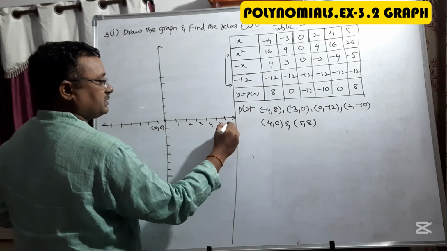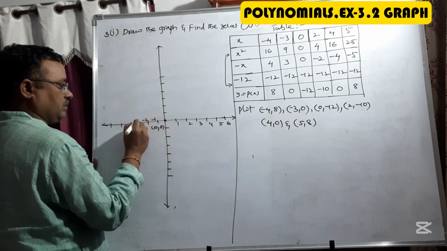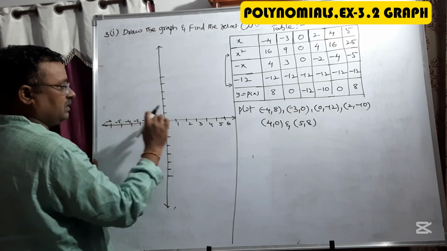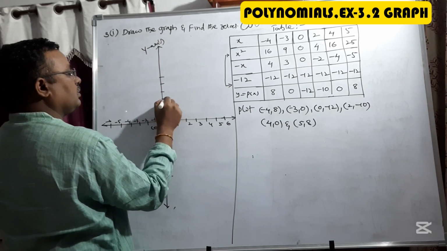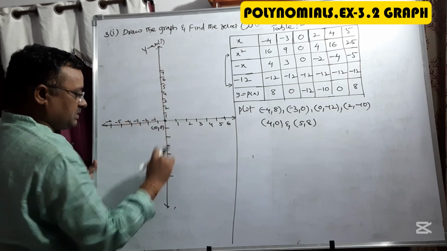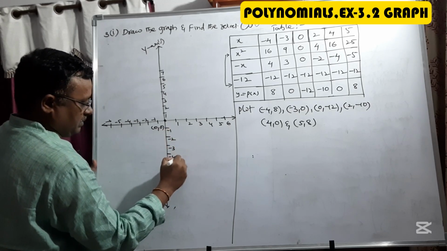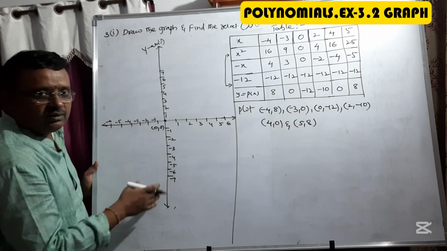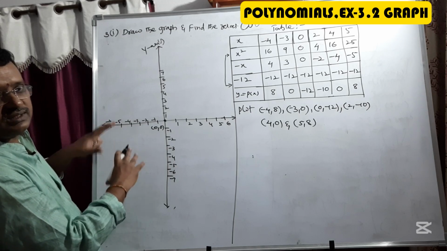Understood? This is the x axis. Here these values are -1, -2, -3, -4, -5, -6 like this, the negative x axis. This is the positive y axis. This is 1, 2, 3, 4, 5, 6, 7 like that. This is the negative y axis, that's why this is -1, -2, -3, -4, -5, -6, -7.